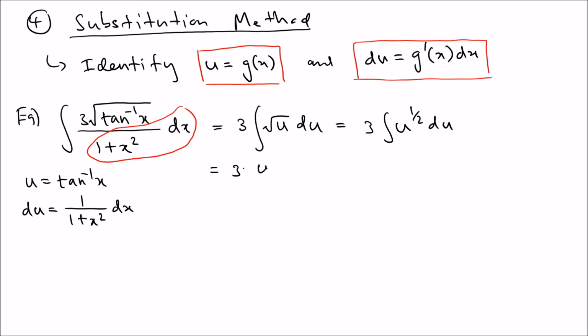So this is u to the 3 halves divided by 3 halves plus c, and you can see the 3 gets cancelled. Divide by 3 halves means multiply by 2 thirds, so it's 2, and then u equals that, so we put that back in. So you can see 2 times tan inverse x to the 3 halves plus c. Okay, so it's very simple.